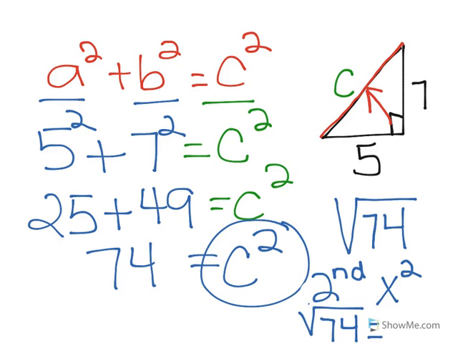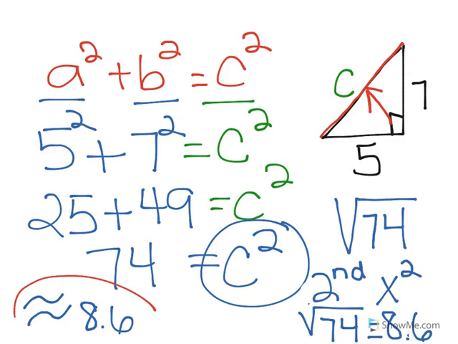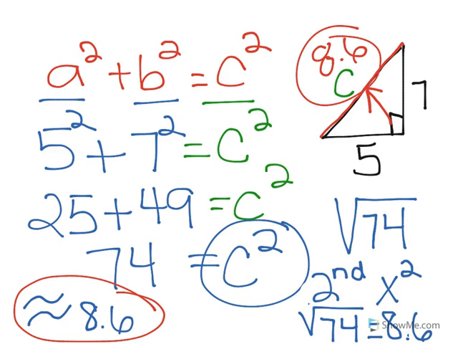The square root of 74 results in 8.6, and then it has 0, 2 after it. So we're going to round it to 8.6, and we're going to start using the squiggly equal sign, and we're going to say it's approximately equal to 8.6. So the hypotenuse of this triangle is approximately equal to 8.6.